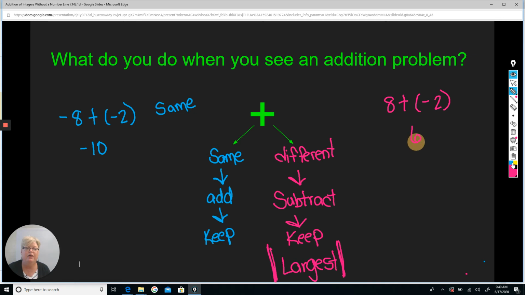Now we have to figure out which sign we are going to keep. Remember, we keep the sign with the largest absolute value. So the absolute value of 8 is 8. The absolute value of -2 is 2. Which one's the largest? 8. So we're going to keep it positive. You don't have to write a positive sign there. It's understood to be positive as long as we don't have a negative in front of it.